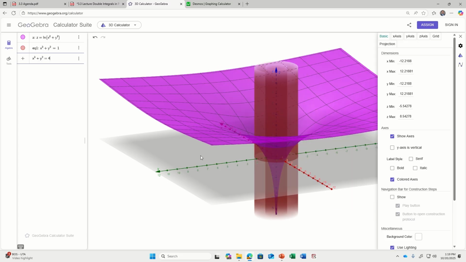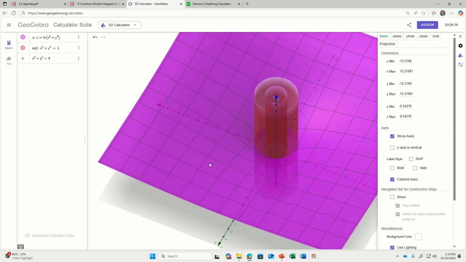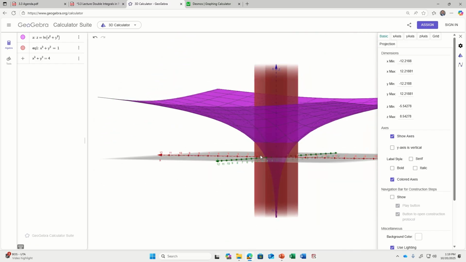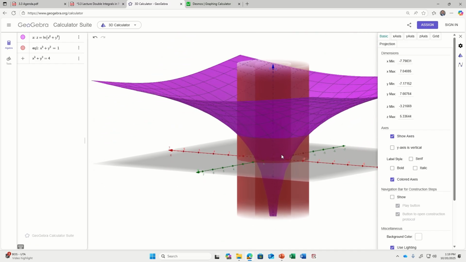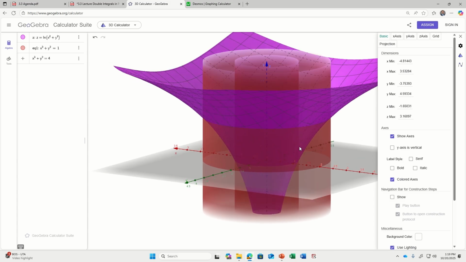So again, we're only thinking about the annular space. We're talking about a solid that is bounded below by the xy plane and above by that purple surface.